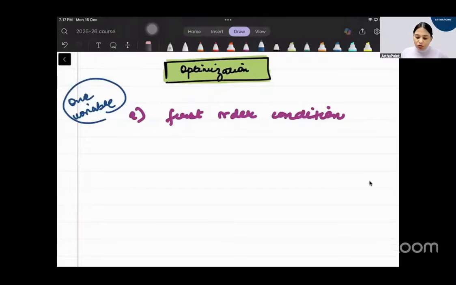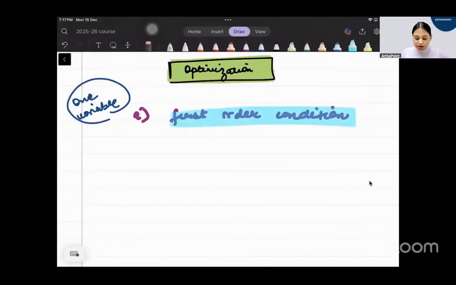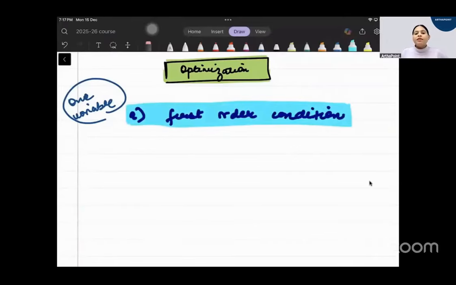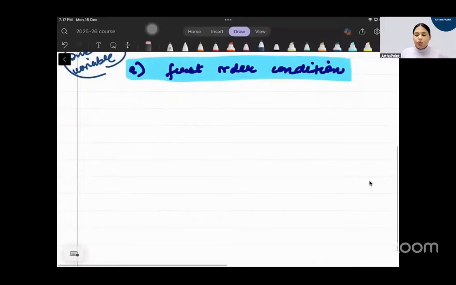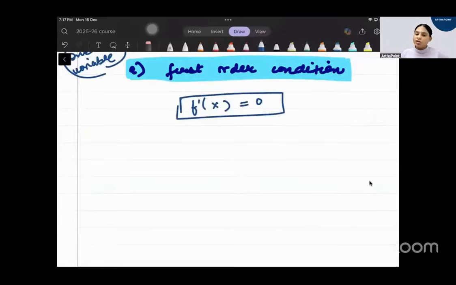So we're talking about first order condition. पहले हम इस first order condition के बारे में बात कर लेते हैं. In which, when we want to maximize or minimize, we differentiate the function and equate it to 0. This is called my first order condition.